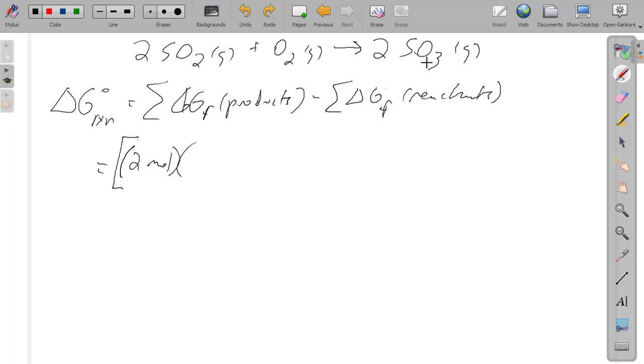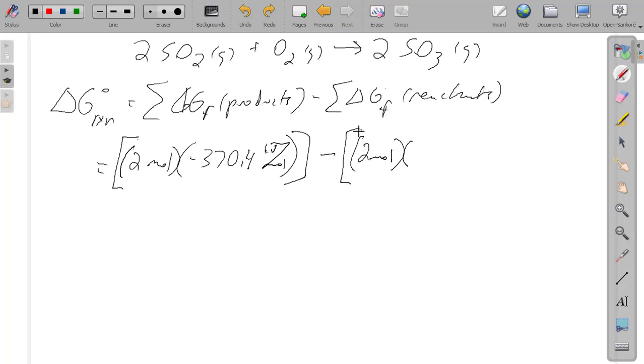2 moles, and then we find SO3 in the table, and we see that that has a value of negative 370.4 kilojoules per mole. And that's the only product, so then minus, open bracket, SO2. So 2 mole.